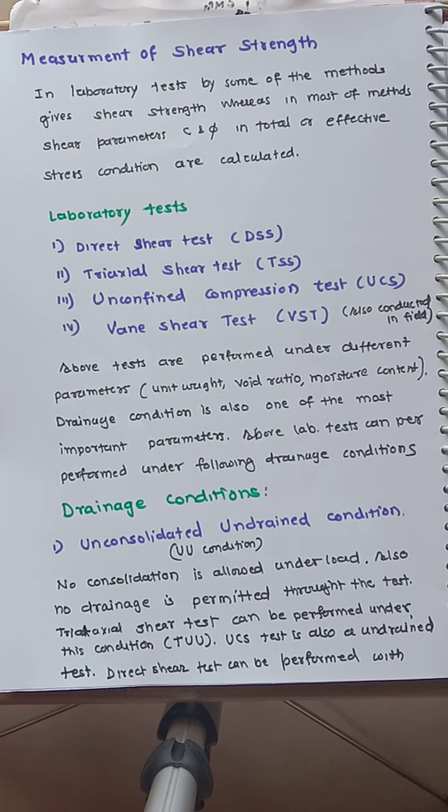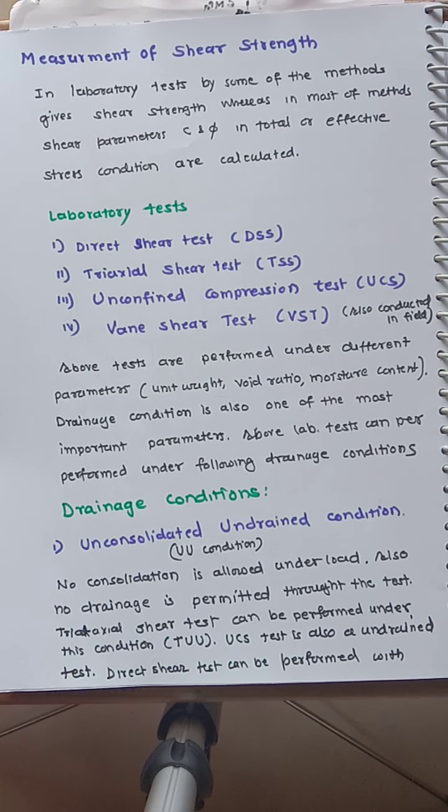Then the triaxial shear test is a much improved test. Earlier it was only useful for research; nowadays it is also used in practice. Then the unconfined compression test: in certain conditions you don't require stresses acting on the sample in all directions, only vertical, just like our cube testing, which we also call uniaxial. Similarly, the unconfined compression test.